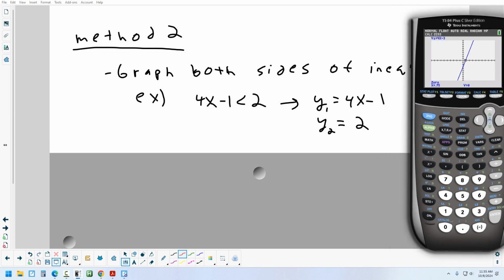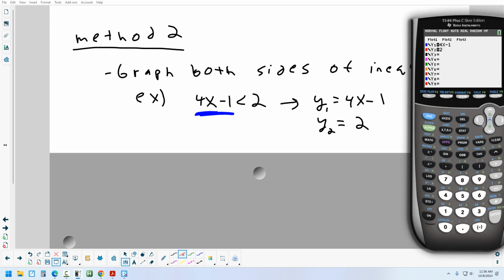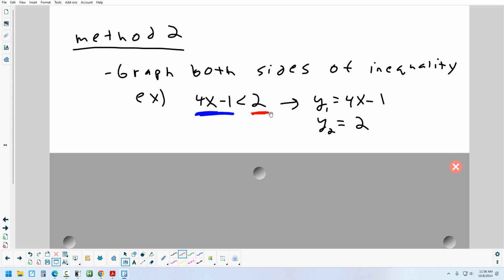This time, I'm going to type in 4x minus 1, put that in y1, and put 2 in y2. 4x minus 1, I'm doing in blue. 2, I'm doing in red. I'm looking for where the blue line is under the red line.